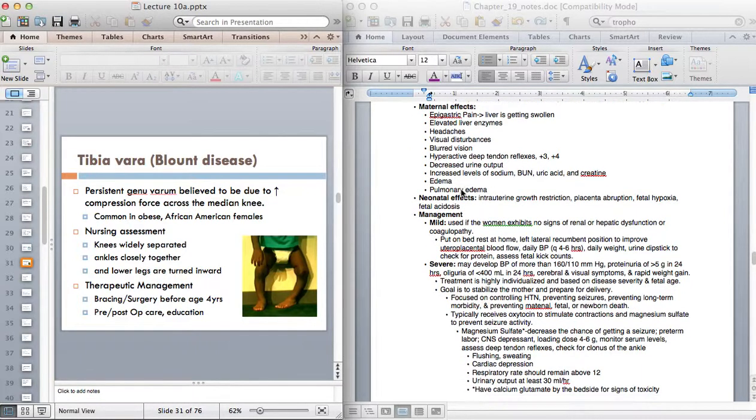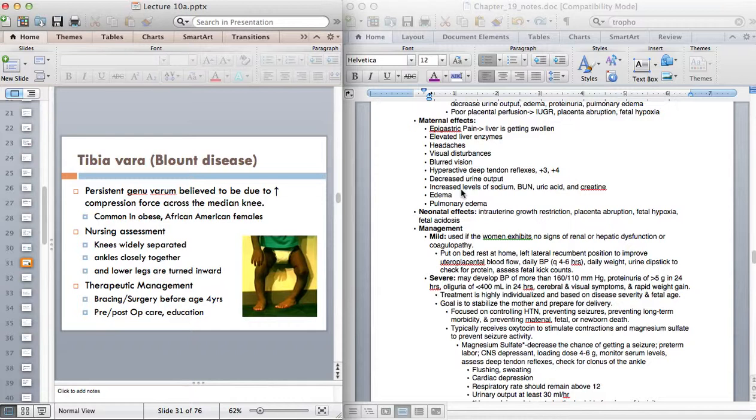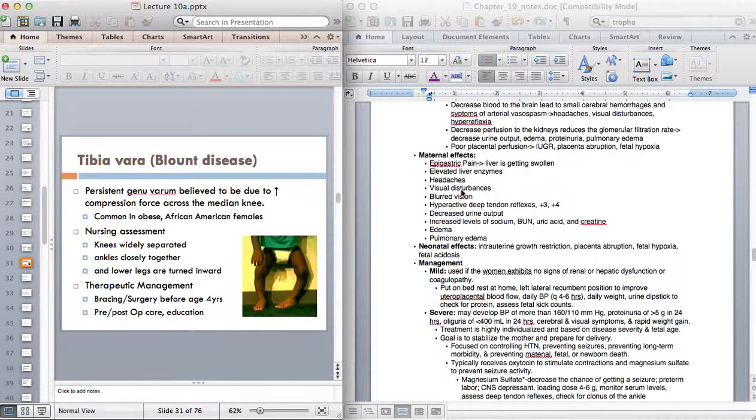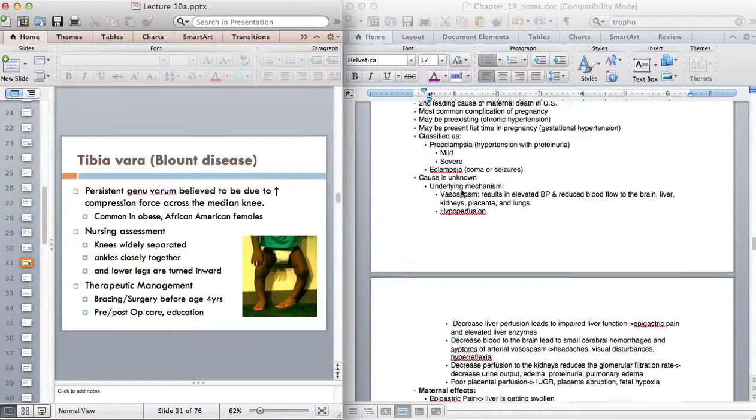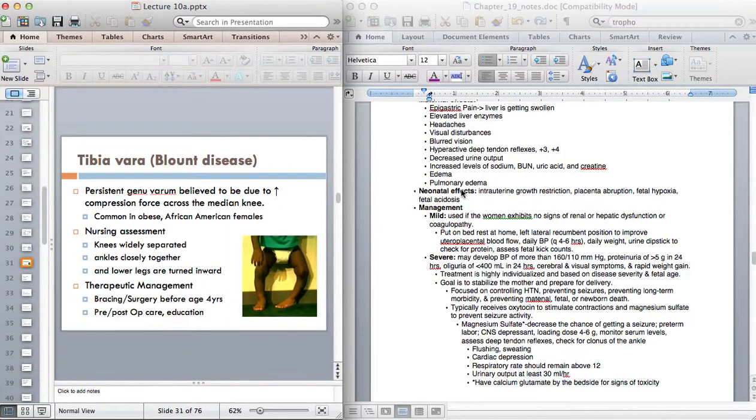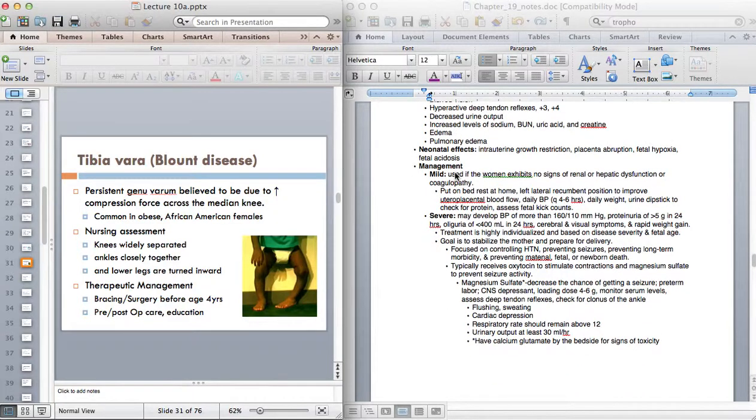Just for some reason it happens. The head of the femur loses blood supply and becomes necrotic. And once that happens, there is no longer blood, so that will lead to pain and discomfort in the child.